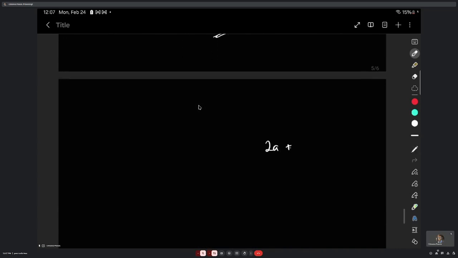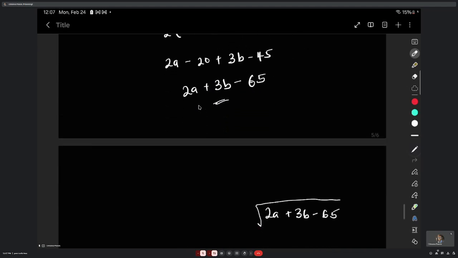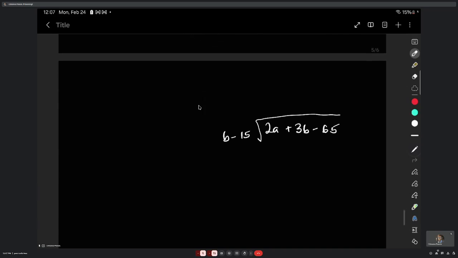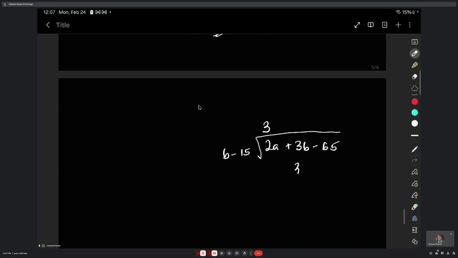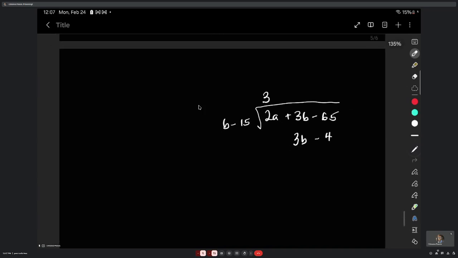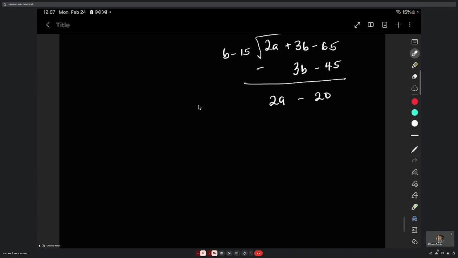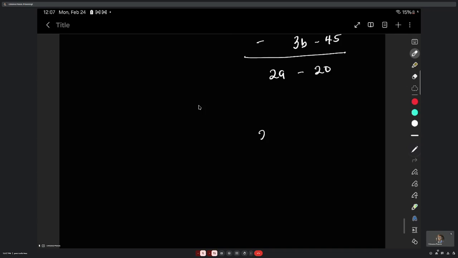So this is 2a plus 3b minus 65, and dividing by b minus 15, this is 3b minus 45, right? Then 2a minus 20 is our remainder.